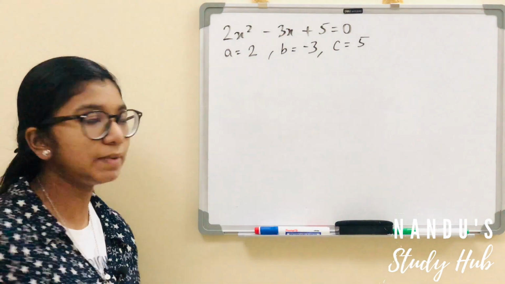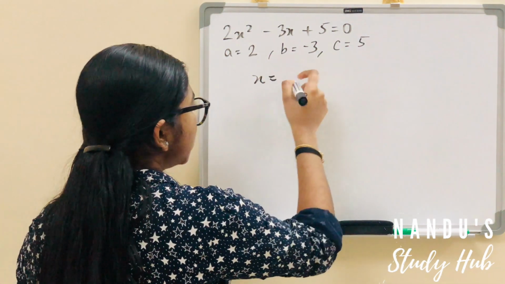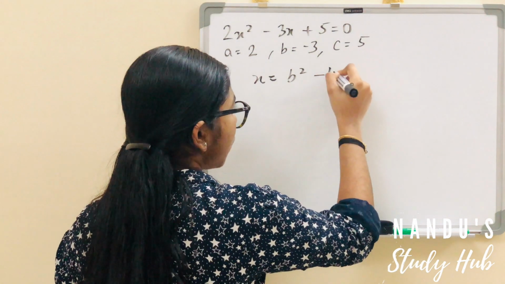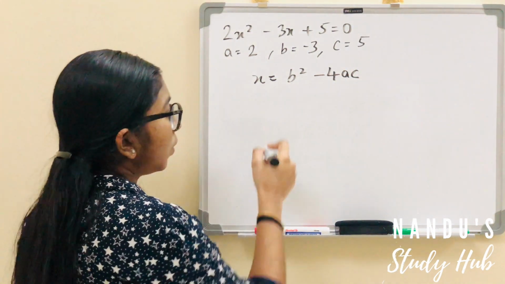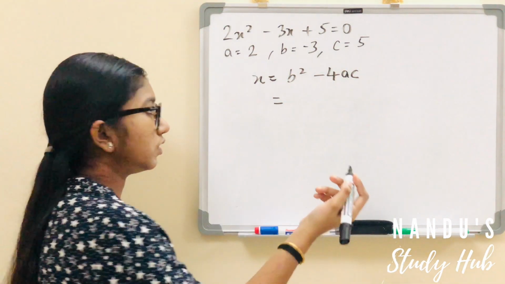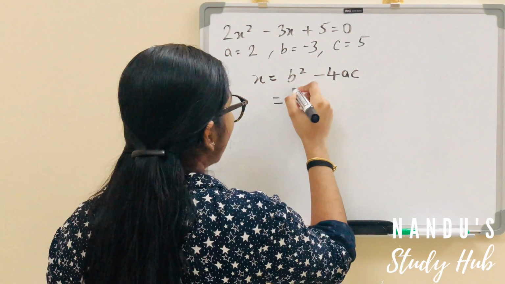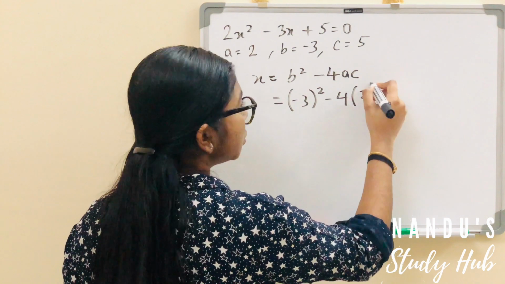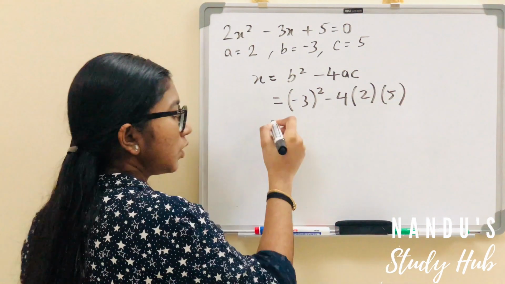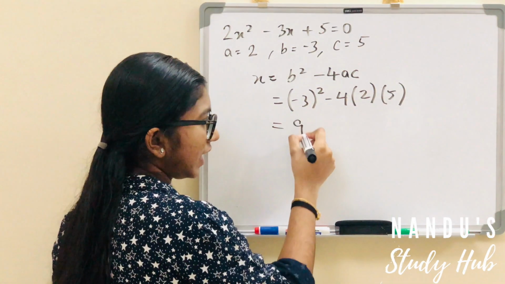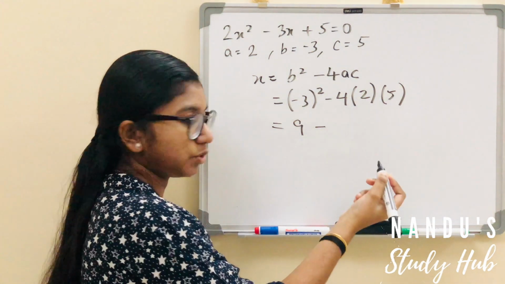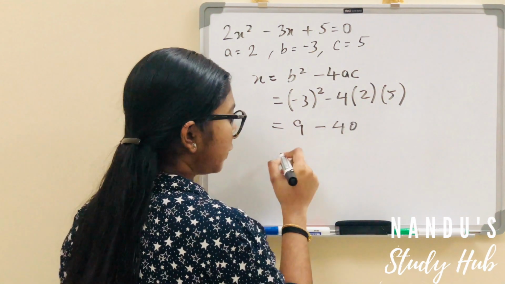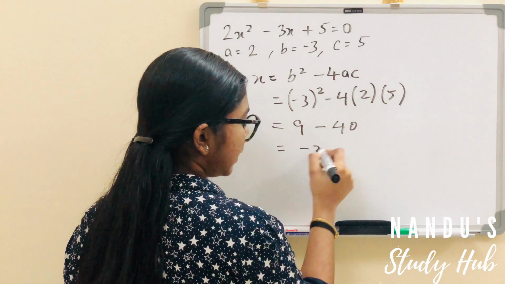As our formula says, we need b square minus 4ac. Now you have to substitute all the numbers a, b and c. So b is minus 3 square minus 4 into 2 into 5. Minus 3 square is 9, and 4 fives are 20, into 2 is 40. So 9 minus 40 gives you minus 31.